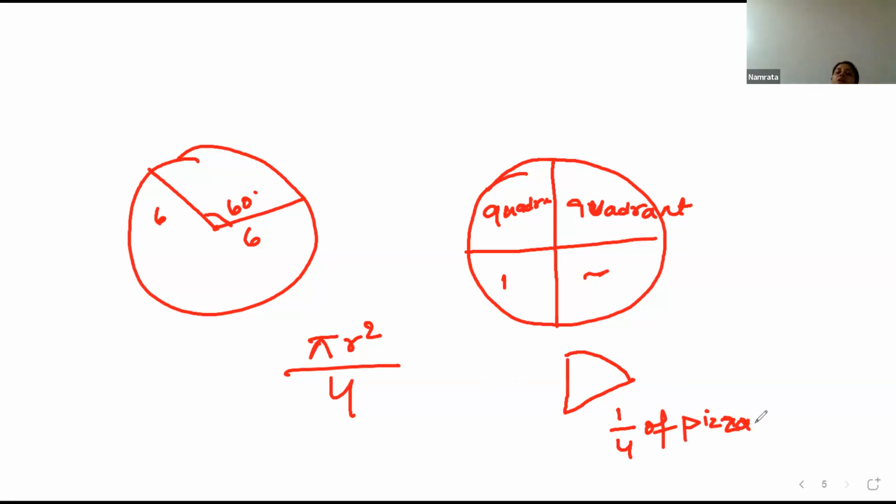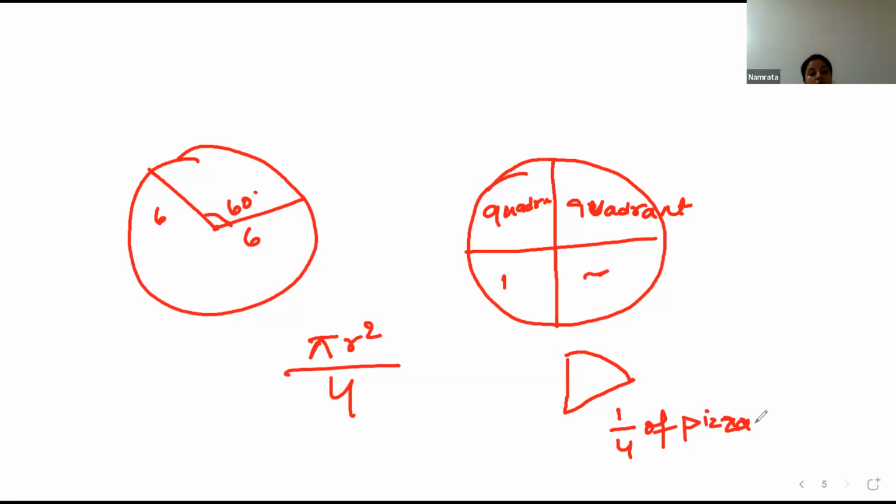That means you will find the total area of the circle, pi r square, and then divide by 4 to get the area of one of the quadrant. Okay? Is it clear, Madiha and Jasleen?